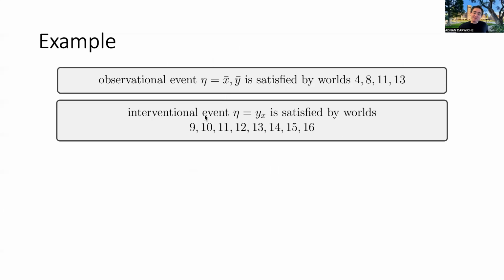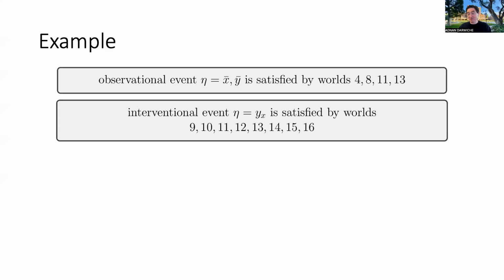And then I told you the interventional event, this guy is true in these worlds. Now I'm interested in those worlds in which both are true. So I'm looking now at a counterfactual event, which is this, and that. That is, the event is X is false, Y is false, and if I set X to true, Y will become true.